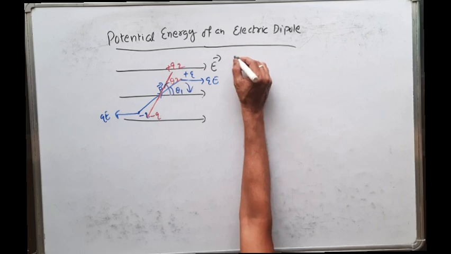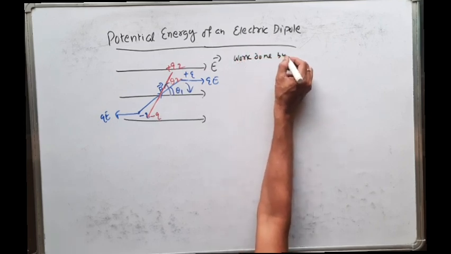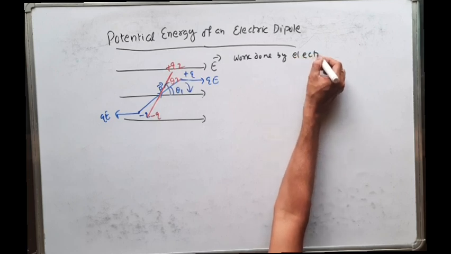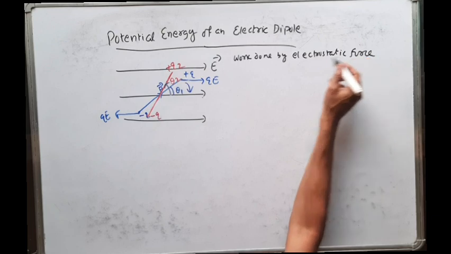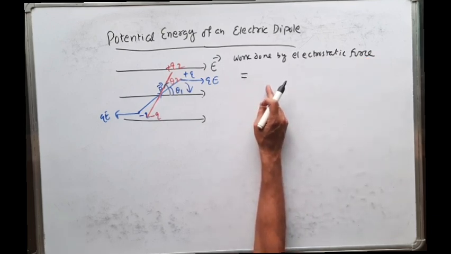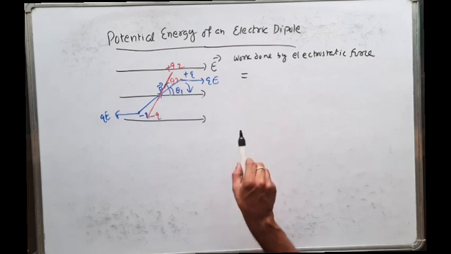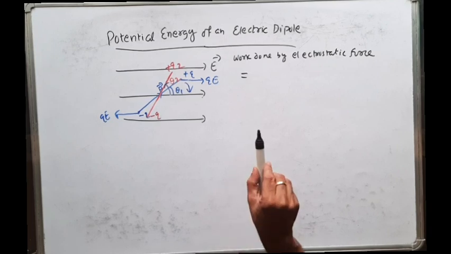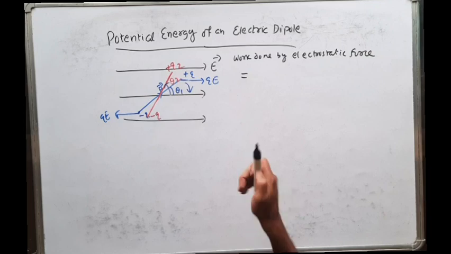So now the work done by the electrostatic force is equal to the negative of the work done by the external force. Just like if I raise the body, I am the external agent doing positive work and the gravitational force is doing negative work.